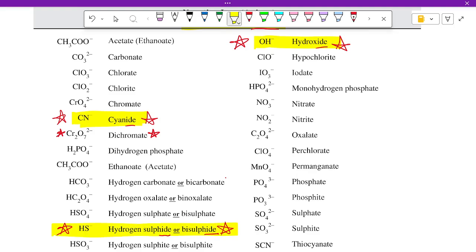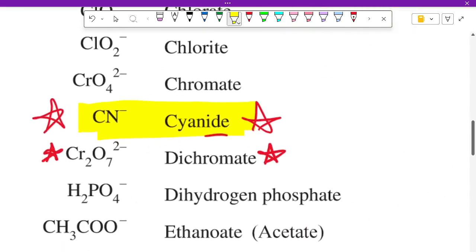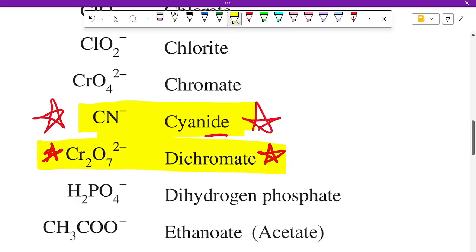There is a 4th one to star, and it's already starred, and it's right underneath cyanide. What does that say? What does this one say? Dichromate. Yes. Dichromate is not 2 chromates. The dye might trick you into thinking it's 2 chromates.